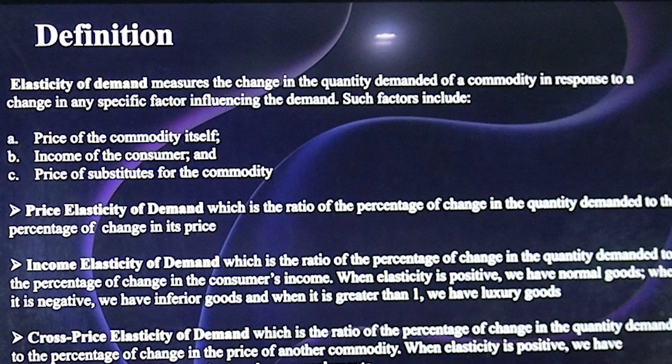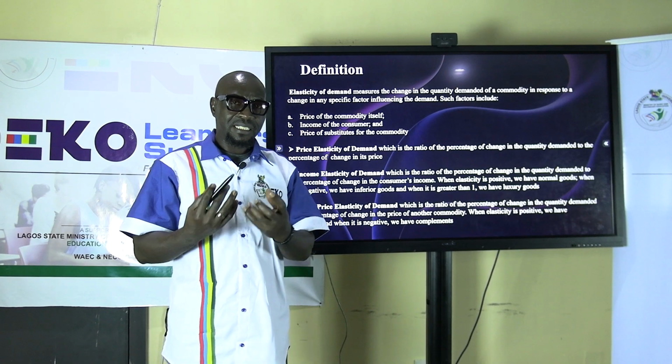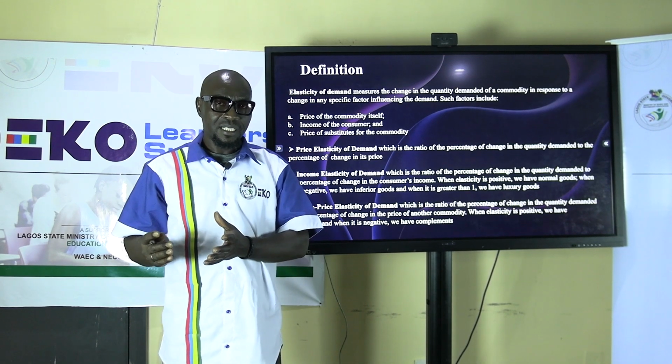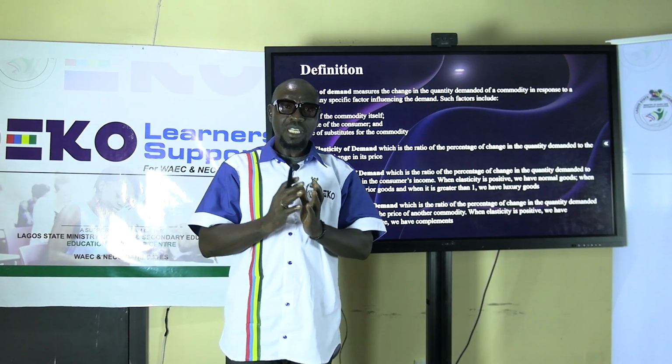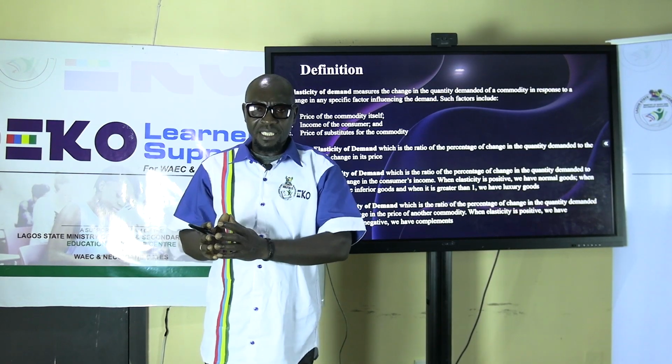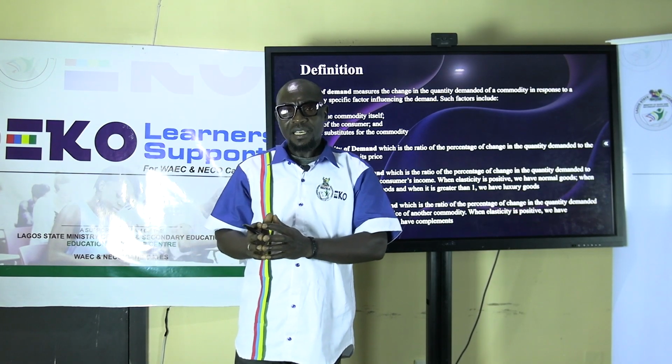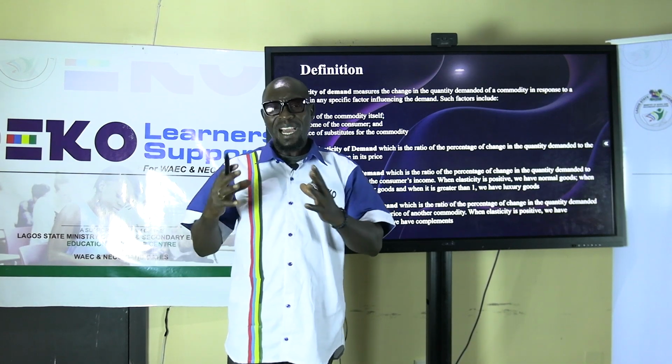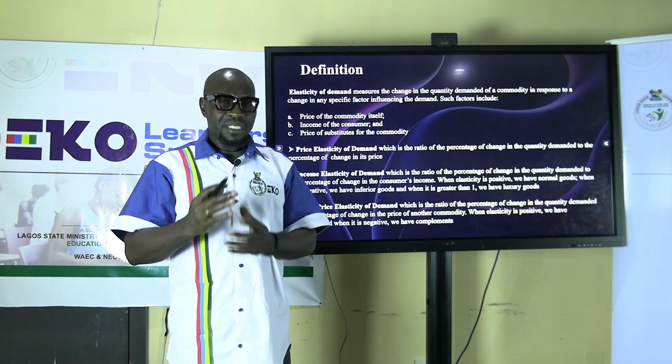When elasticity is positive or greater than 0, it is a substitute. And when the cross-price elasticity of demand of good A compared to the price of B is negative, then the goods are complements. Let me take that again.